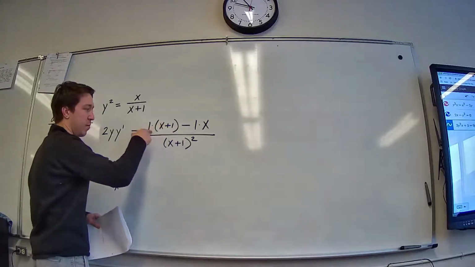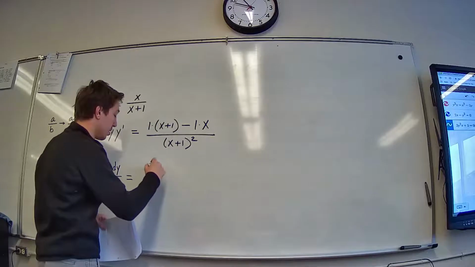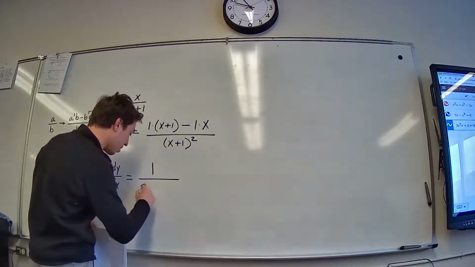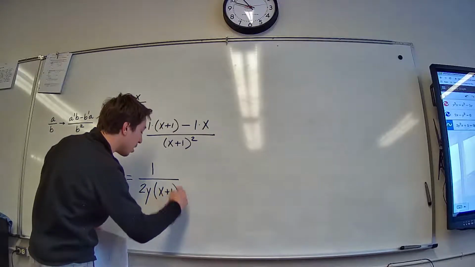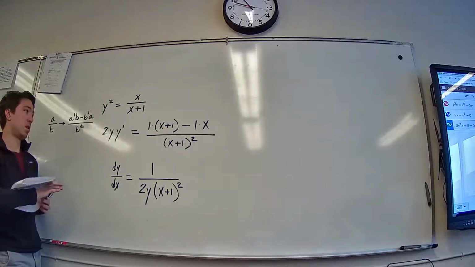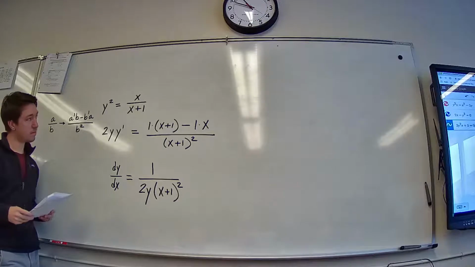The top is just 1, because you have 1x minus 1x, and then you just have that 1 left over. So if I divide both sides by 2y, there you go.